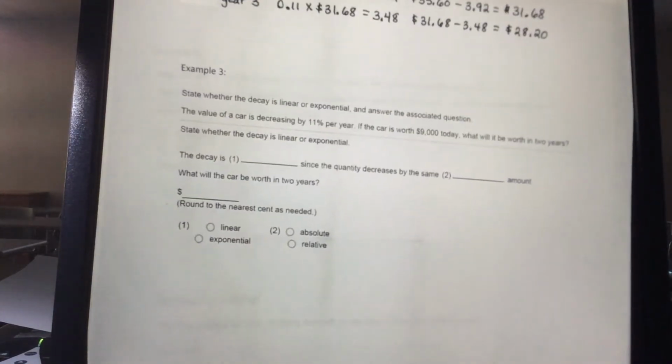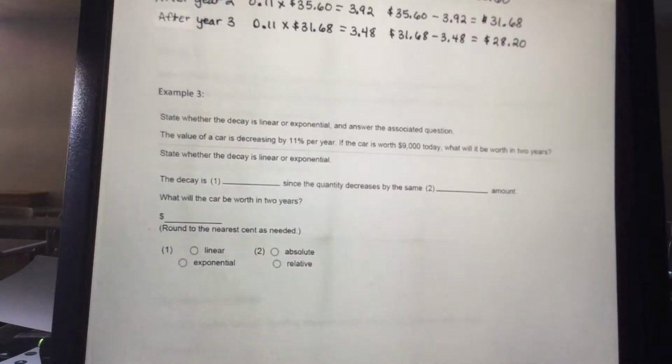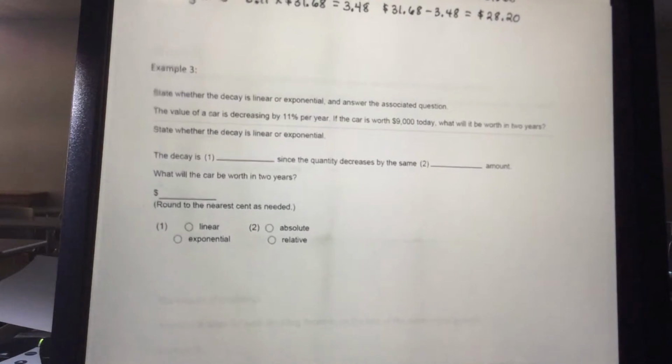All right, the next example is to state whether the decay is linear or exponential and answer the associated question. The value of a car is decreasing by 11% per year. If a car is worth $9,000 today, what will it be worth in 2 years? And we want to state whether that decay is linear or exponential.